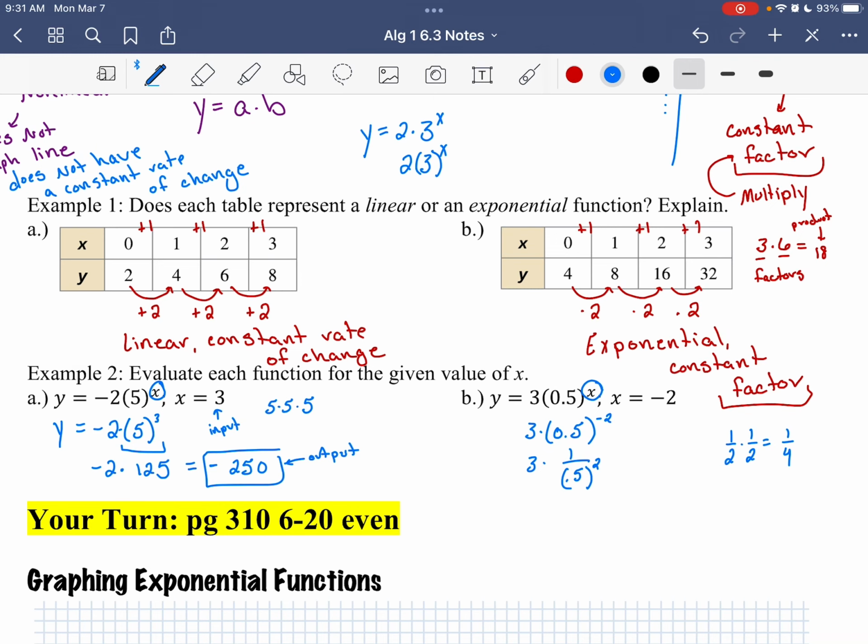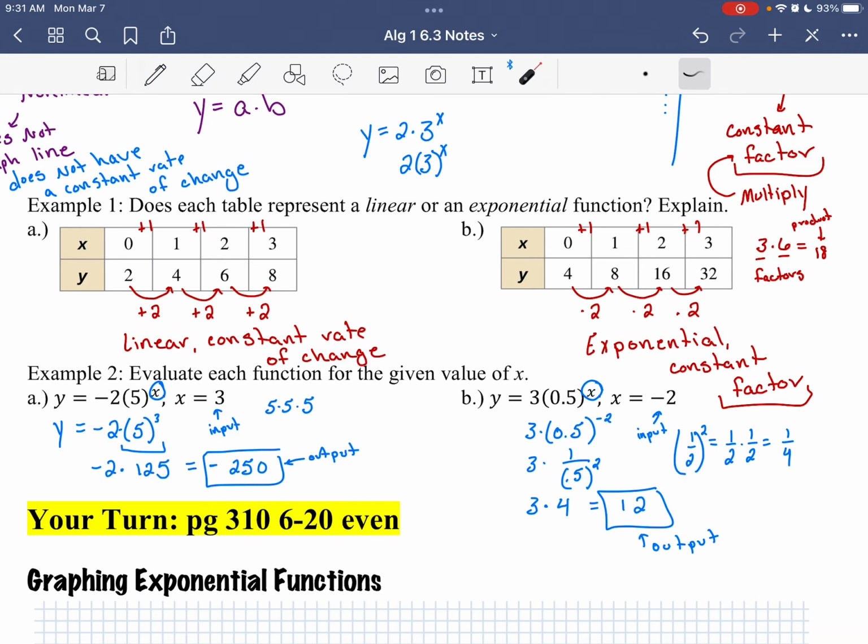This is just 1/2 to the second. And then to get the negative exponent, you take the reciprocal. So this would be 3 times, instead of 1/4, 3 times 4, which is 12. So an input of negative 2 gets me an output of 12.